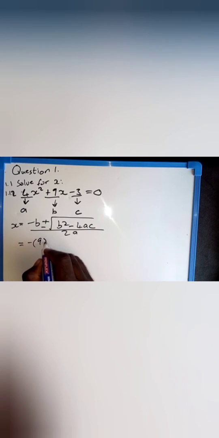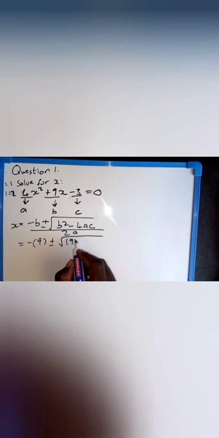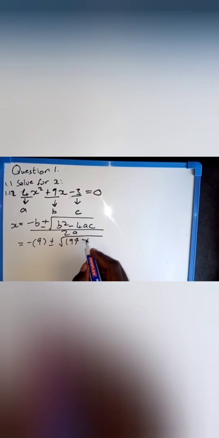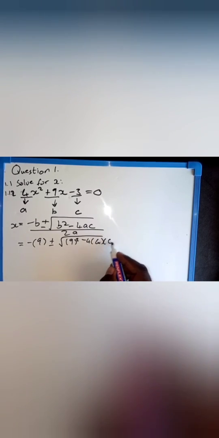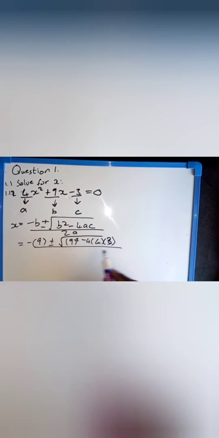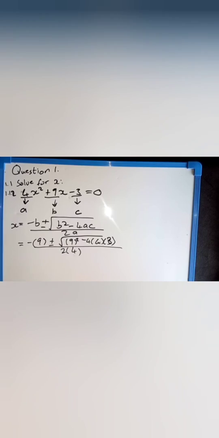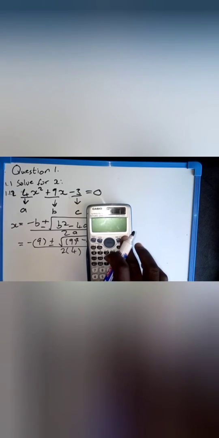So our B is what? It is 9. Negative 9 plus minus square root, B squared is what? 9 squared, minus 4, and our A is 4, and then we've got C here, I mean C is negative 3, and then 2A is 2 times 4. So now we're going to take our calculator and punch in everything that we have there. We'll switch it on.